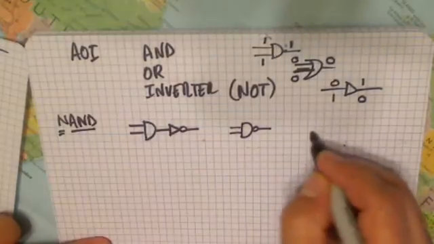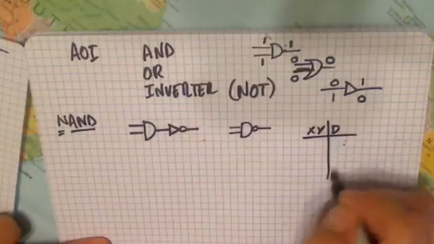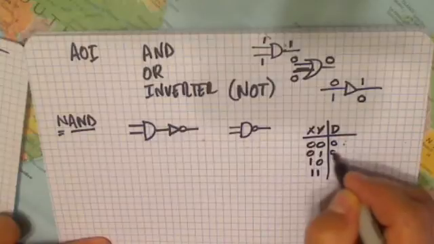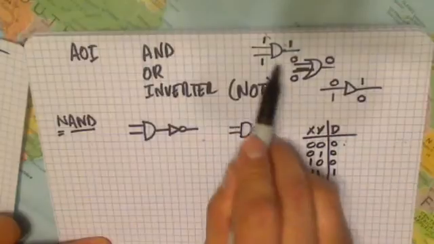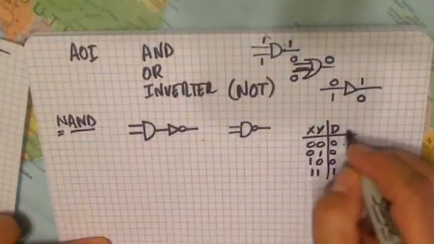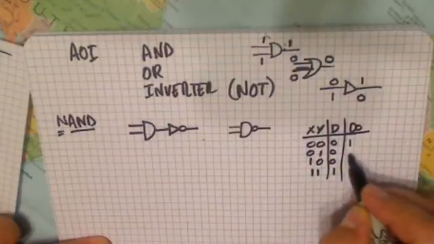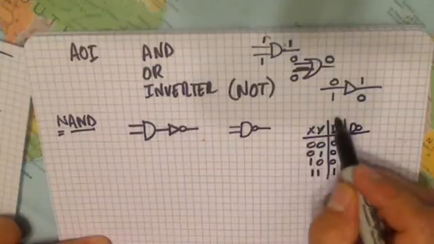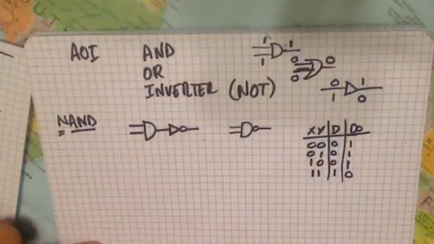So if the AND gate has inputs of X and Y, then the output of the AND gate for the following truth table is going to be 0, 0, 0, and 1 only when both inputs are 1. So that is the truth table for the AND gate. And then the NAND gate should be exactly the opposite because it gets inverted. So here's the truth table for the AND and the NAND gates.